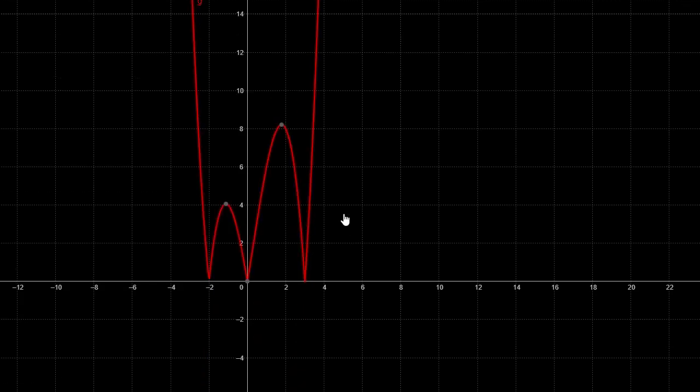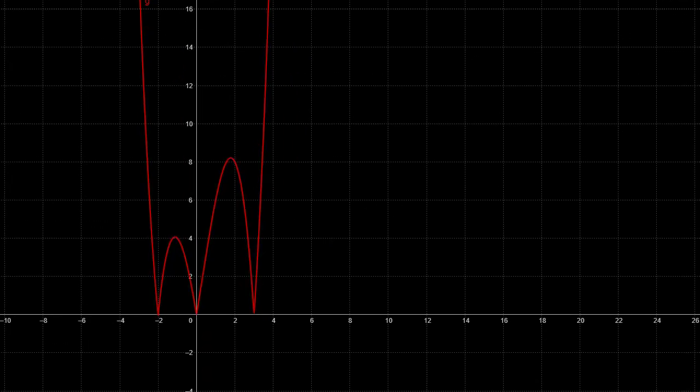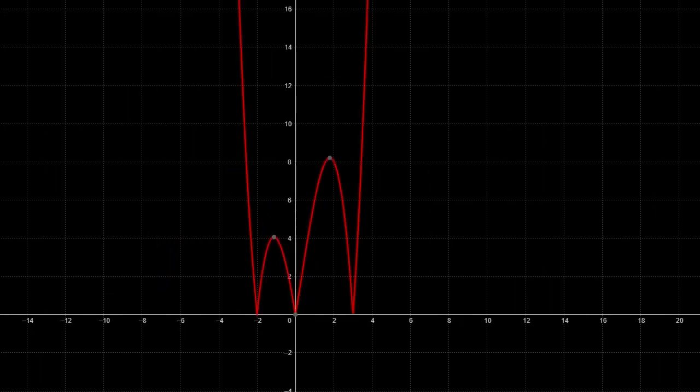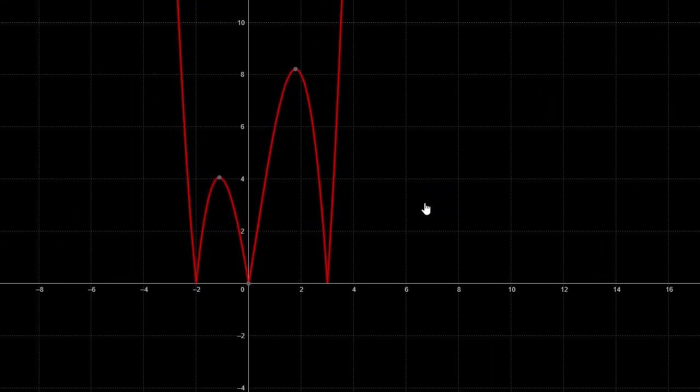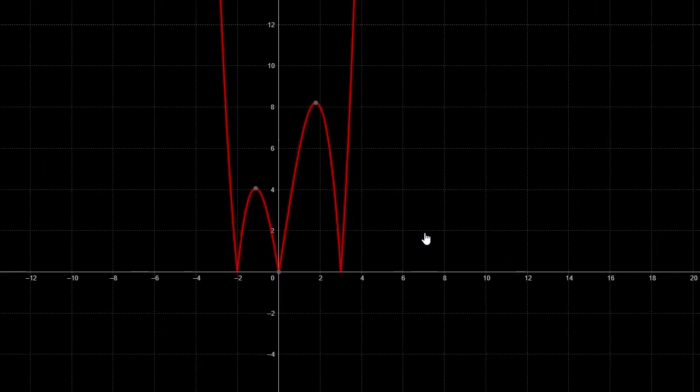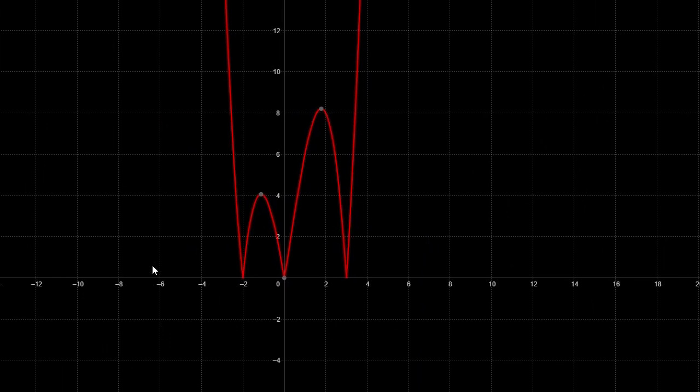So this is the graph that we get. We'll have a non-differentiable point here, here, and here. So there are 3 places where this function will have no derivative, and we will likely see jumps or other weirdness happening at these points when we graph the derivative.